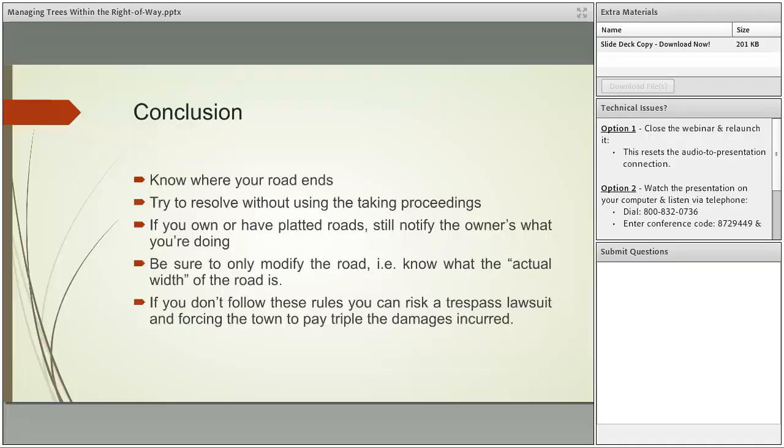And then the town board will have to either notify or discuss with the landowners what the best process to remove these large trees is. And so that's about it.